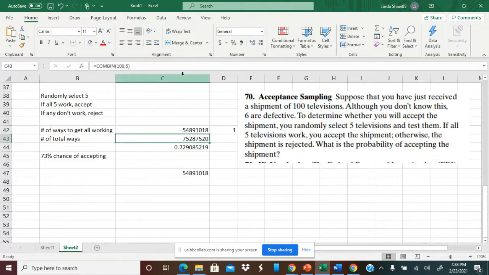So this was the denominator. That's 100 choose 5. And so you should get that. Then this next line, you're going to see an equal sign because Linda's making a formula. So it's equal, and she clicks on the top one, then the bottom one, and uses the slash because that's how you do division. Okay, all right, that's good. Thank you. Any other questions before we move on?